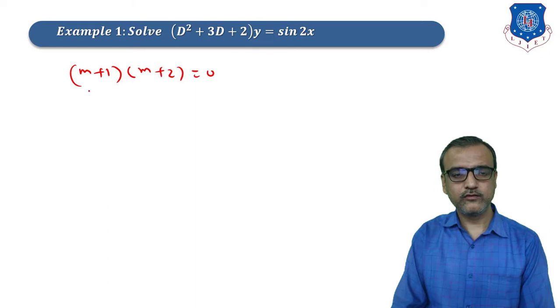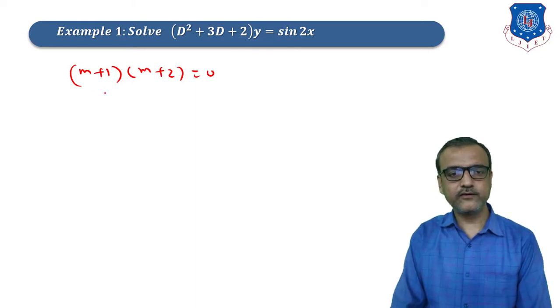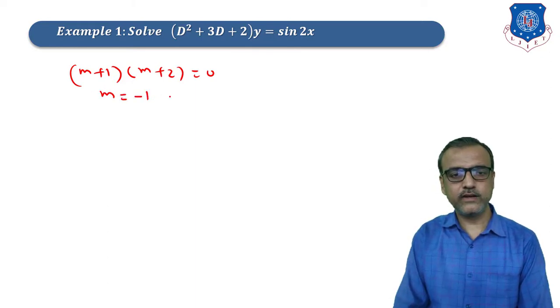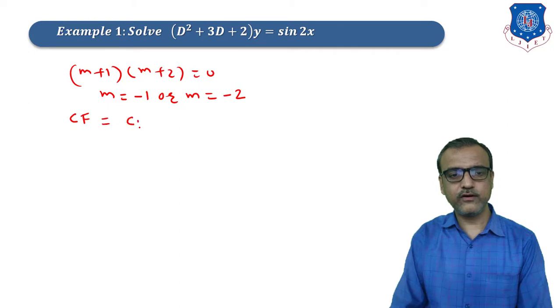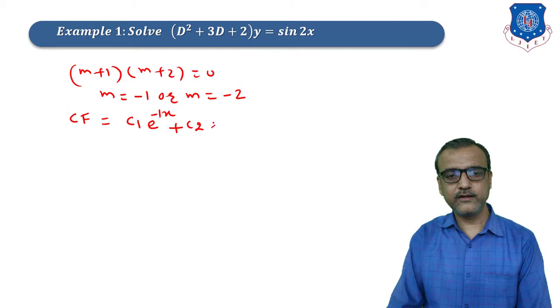By equating these two factors to 0, we have m equals minus 1 or m equals minus 2. Now we will write CF, that is equals to C1 e raised to minus 1x plus C2 e raised to minus 2x.